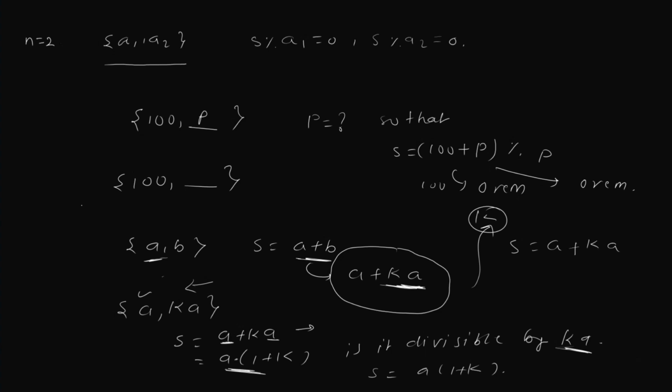Okay. So you thought about k equals 2. Let's see. So we get a plus 3a, and we get 4a. 4a is not divisible by 3a. This is clearly you can see.